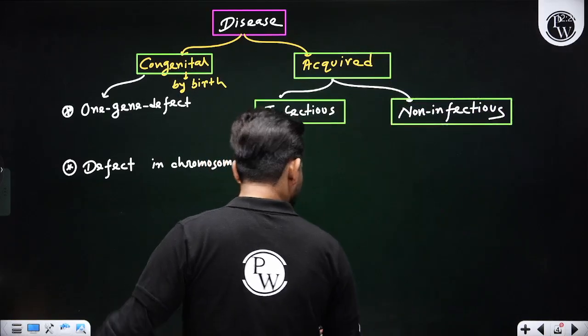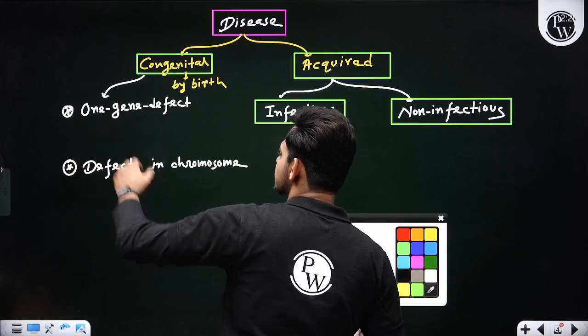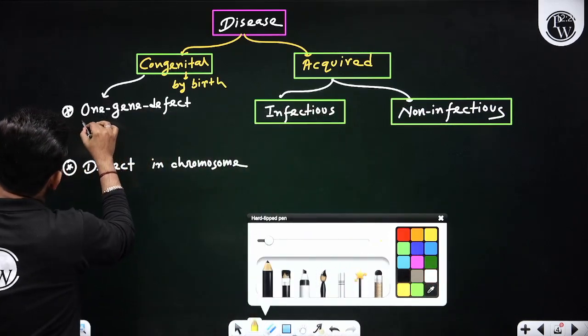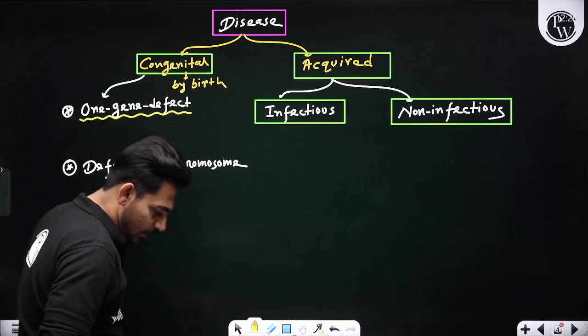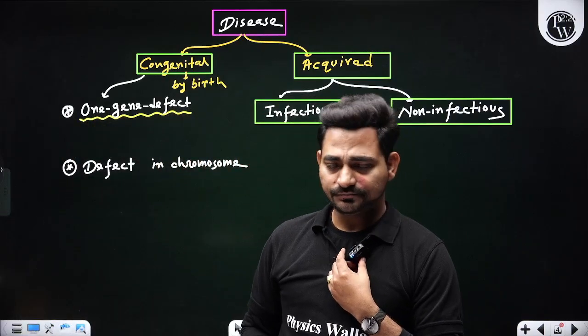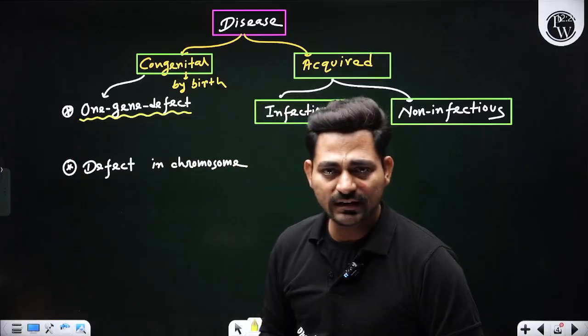Okay, now let's come to this congenital disease part. When we are talking about one gene defect, there is a problem in a particular gene or allelic configuration.